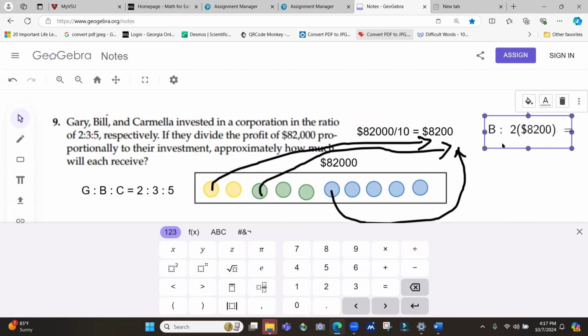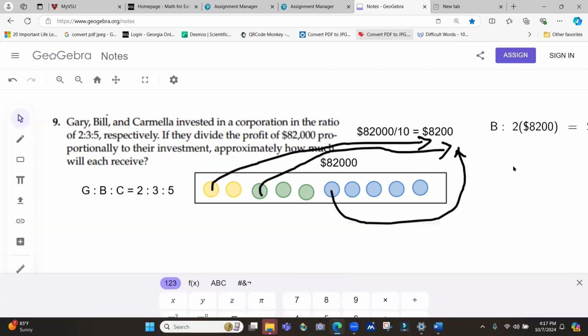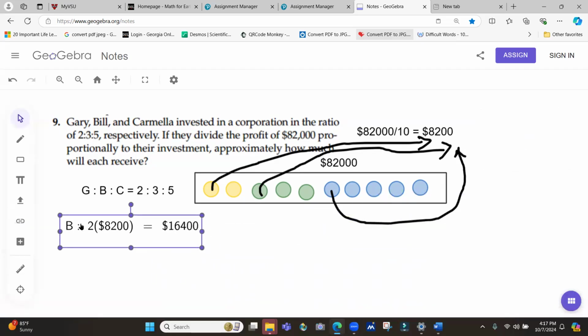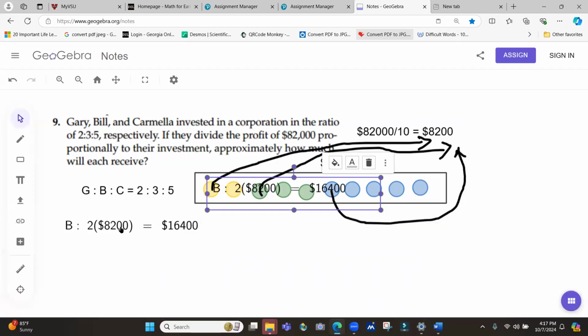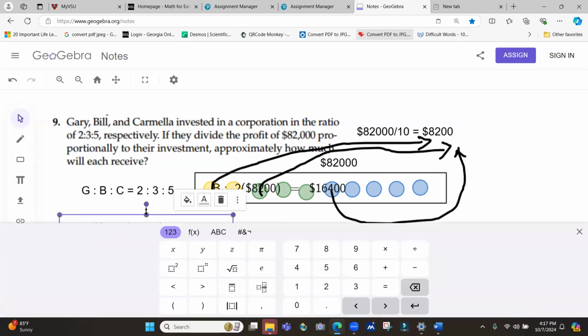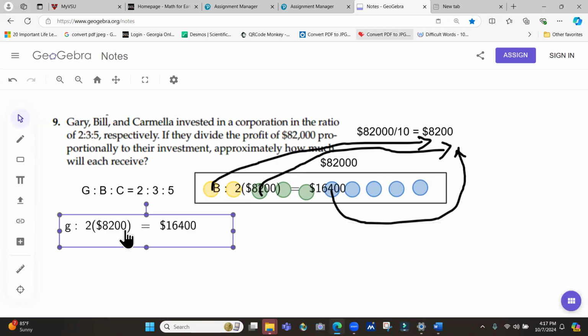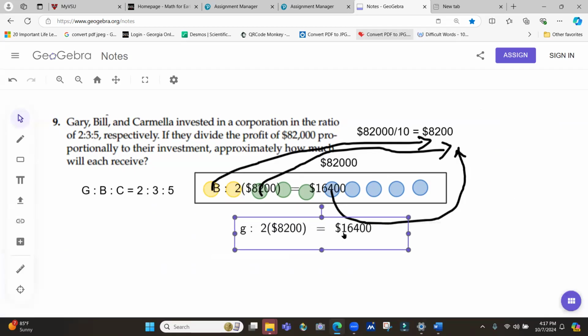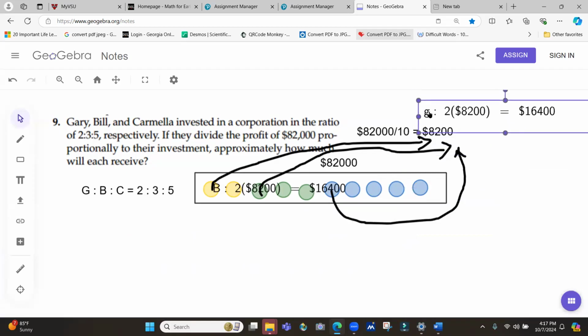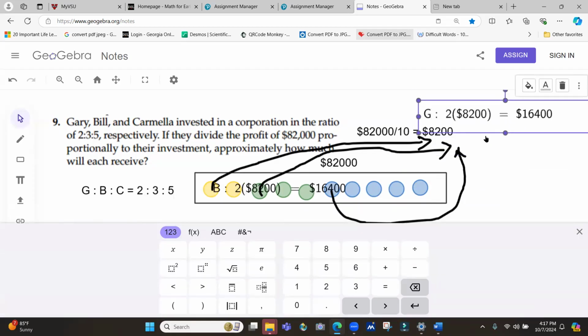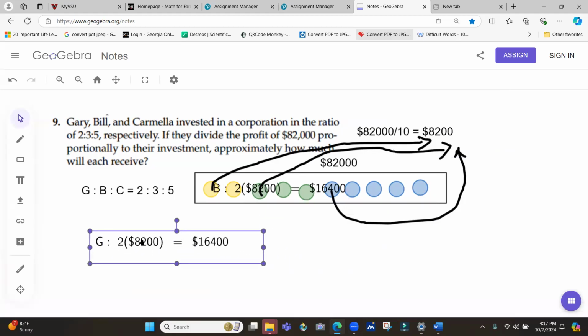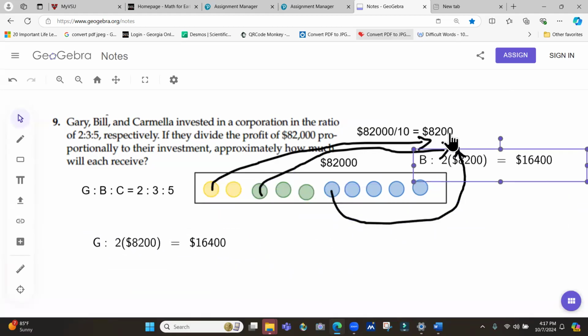And that turns out to be 1,681.64 dollars. Okay, I'm going to put this guy here. This is actually my bad. This is Gary. Gary gets 2 parts. Bill gets 3 parts.